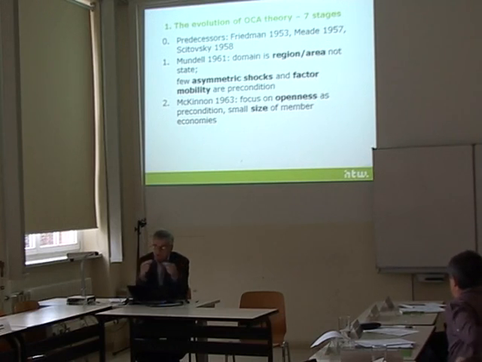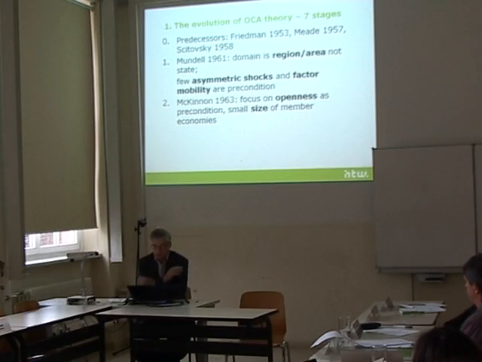A better word would be trade connectedness between the two regions, or parts of that region, which want to go together. That would mean, since small economies are normally more open than large ones, that McKinnon's vision of an optimum currency area is small states which should go together.